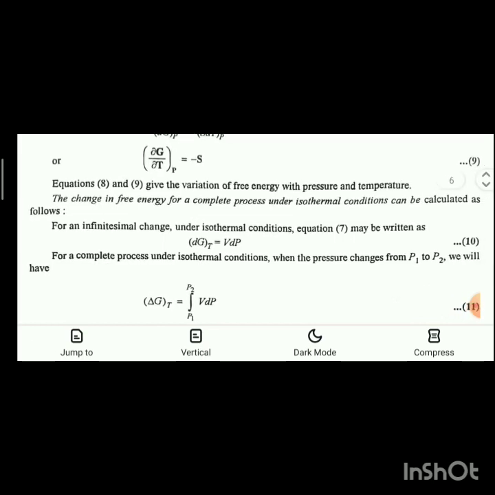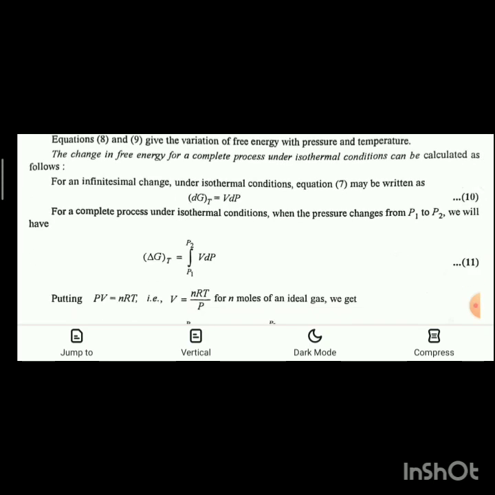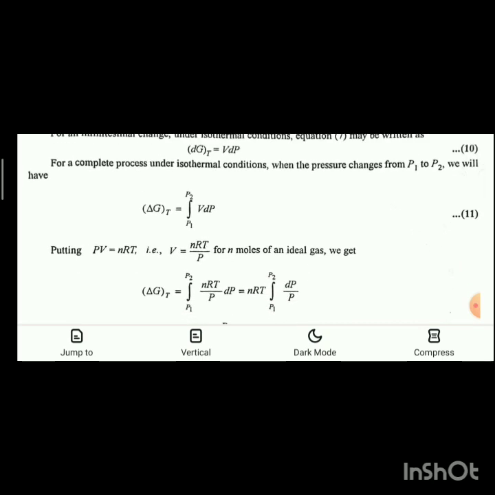The change in free energy for a complete process under isothermal condition can be calculated as follows. For an infinitesimal change under isothermal condition, dG at constant temperature = VdP. Change in G at constant temperature = ∫ from P1 to P2 of VdP. PV = nRT, V = nRT/P for n moles of an ideal gas.